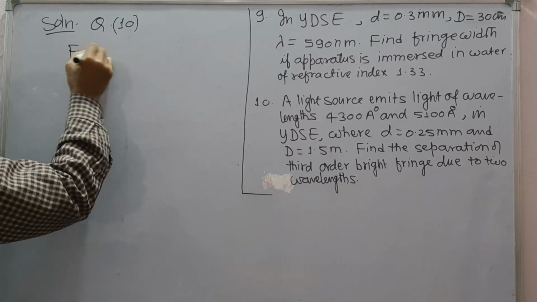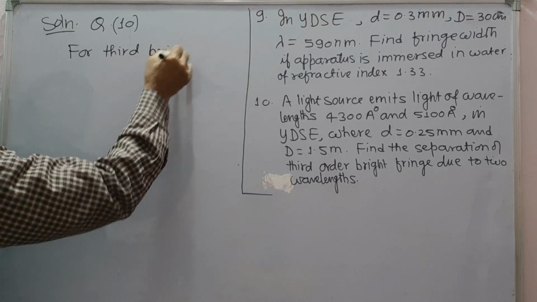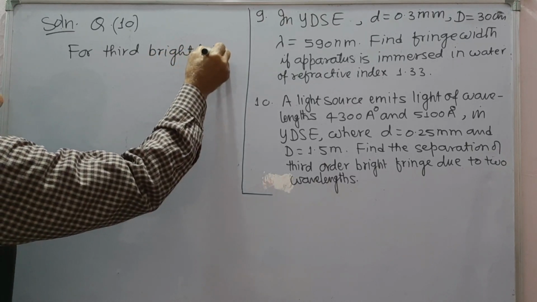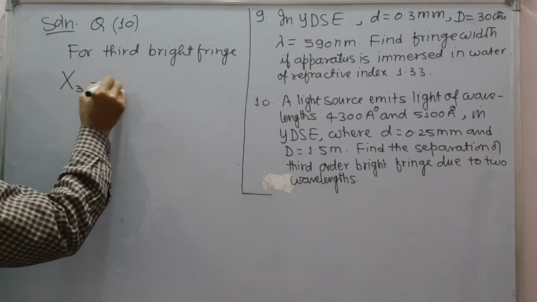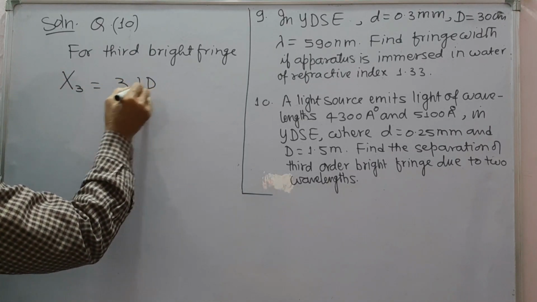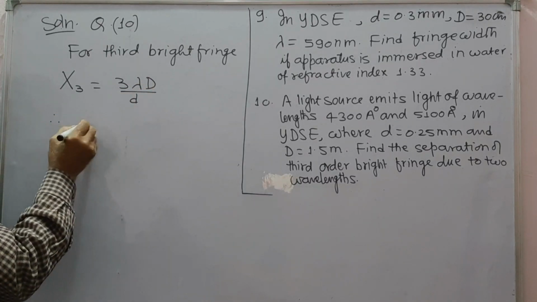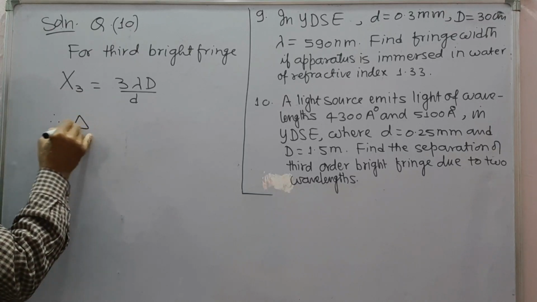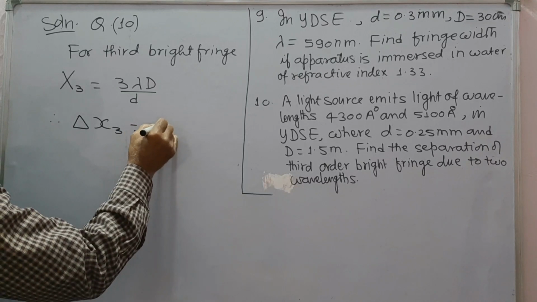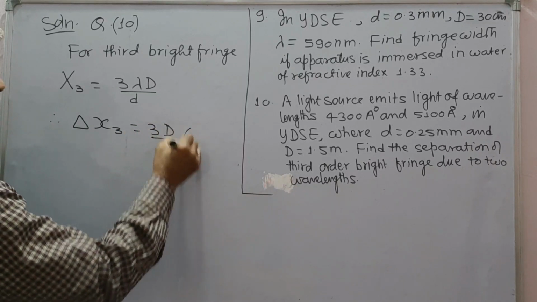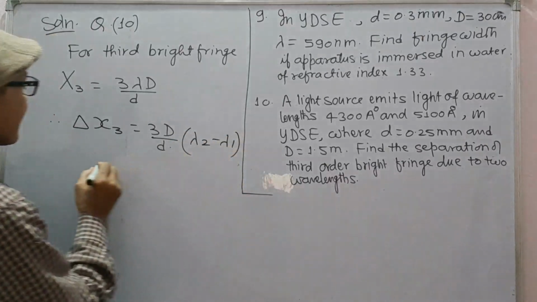For third bright fringe, x3 will be equal to 3 lambda D upon small d. Therefore, delta x3 will be equal to 3D upon small d, delta lambda, means lambda 2 minus lambda 1.